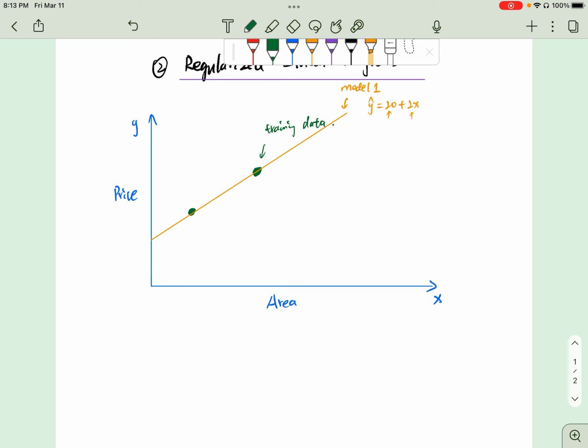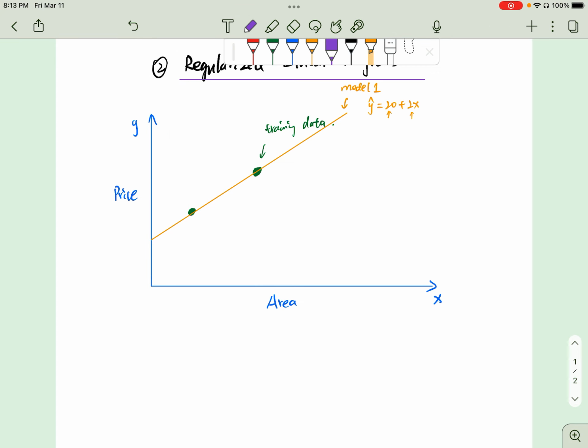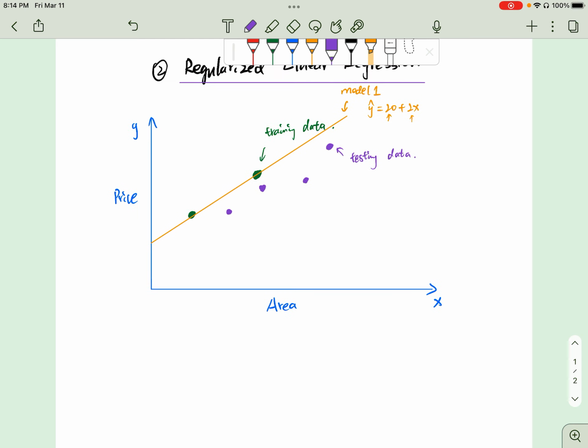Of course, we have some testing data. Suppose our testing data is something like this. This is our testing data. You will find that model 1 is an overfitted model.